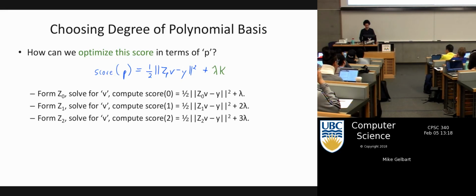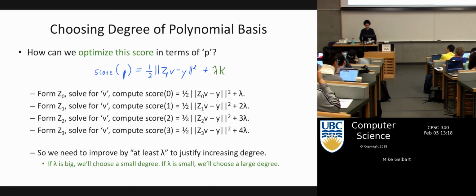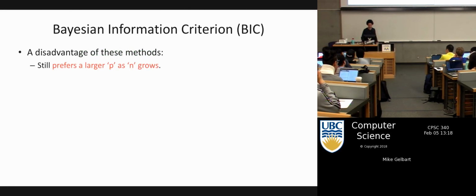So in addition to AIC and some of these other criteria, there's also the BIC, Bayesian Information Criterion. Again, you may have seen this in some statistics course, or maybe not.